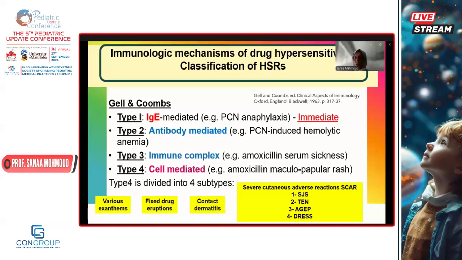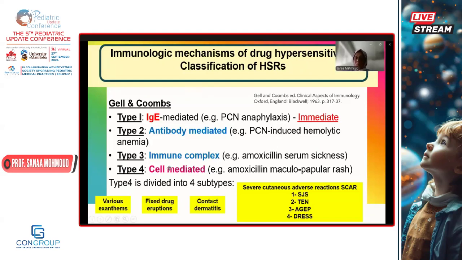Those are responsible for the symptoms of allergic reactions or anaphylaxis, and they are usually immediate, within half an hour to 2 hours maximum. Sometimes it can be a little more. Type 2 and type 3 are antibody-mediated. IgG is involved, and those can lead to hemolytic anemias, thrombocytopenias, neutropenias, or immune complex deposition in the kidney or in the joints, Arthus reaction, serum sickness.